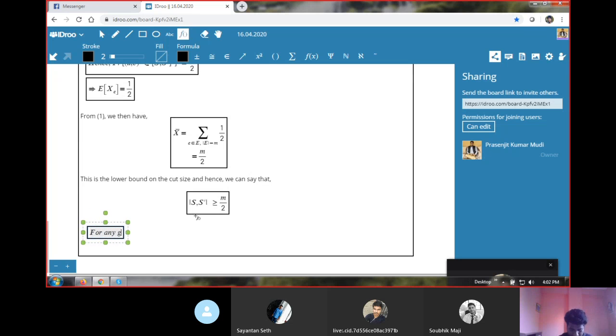Final conclusion, that is, for any graph G equal to V, E, there exists a cut S, S bar of size greater than or equal to m by 2.